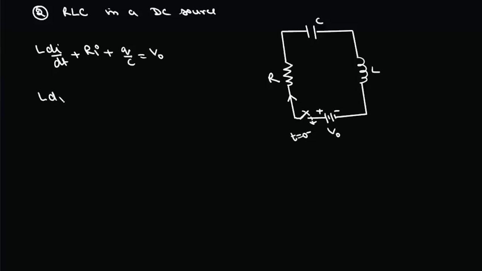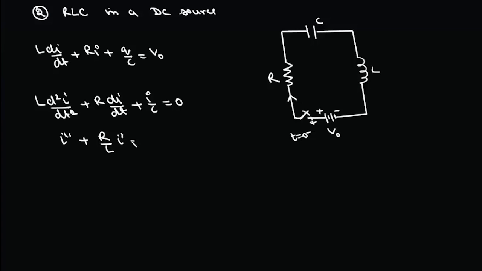You can write L d²i/dt² plus R di/dt plus i/C equals 0, which we can write as i double dash plus R/L i dash plus i/LC equals 0.